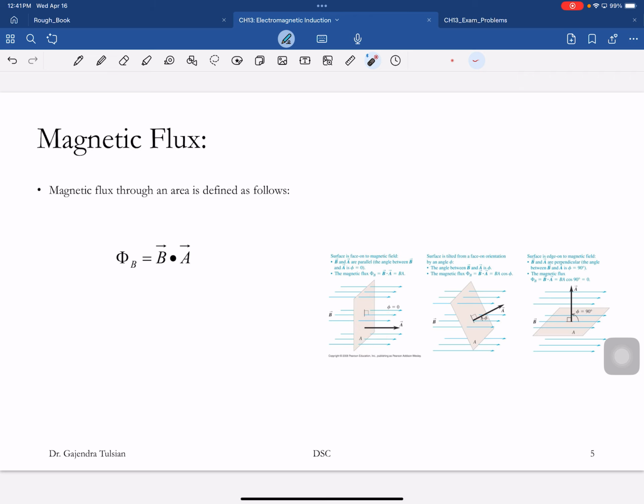And just like all the other fluxes, we'll define this as the dot product of the magnetic field with the area vector. The flux is denoted by phi, the subscript B telling you that it's a magnetic flux. And in this configuration, when A and B are perpendicular to each other, the flux through this area is zero. Okay?